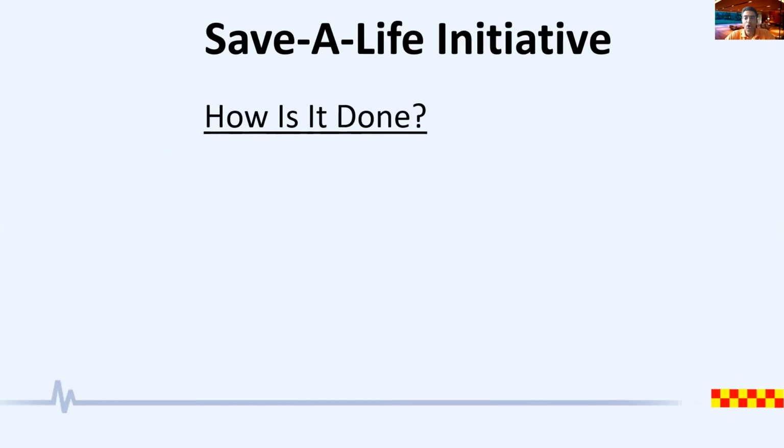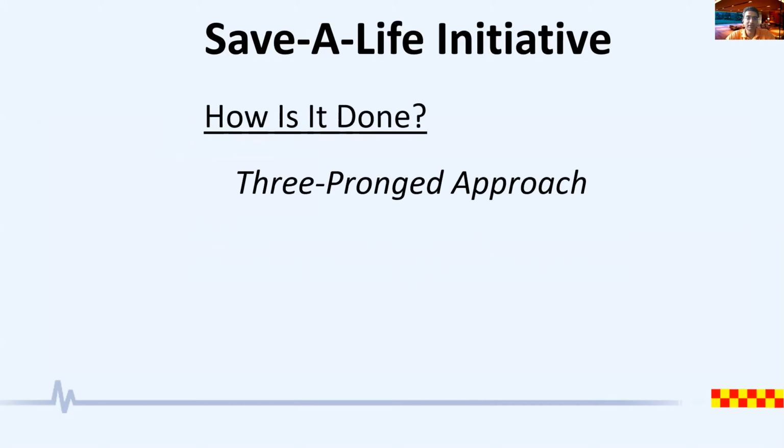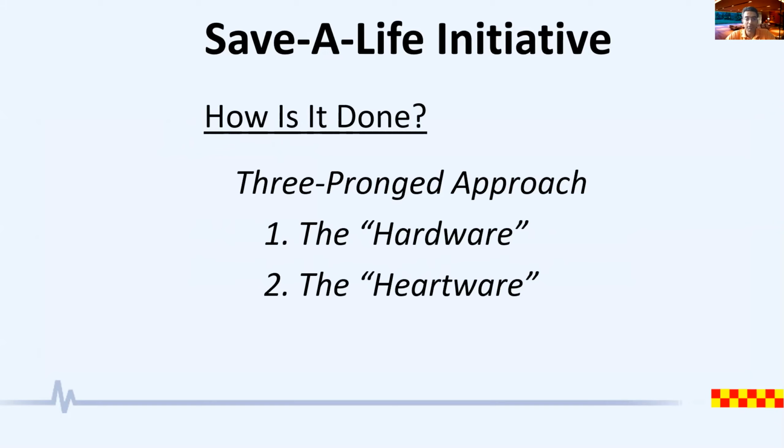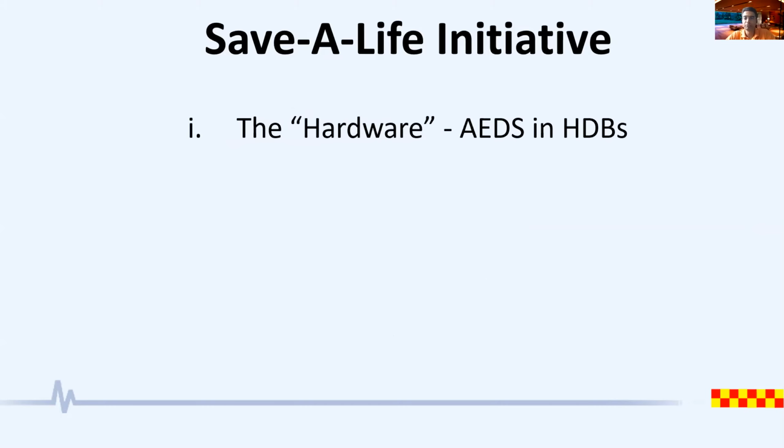There's a three-pronged approach. The first part is the hardware part, the second is the hardware part, and the third one is the software part. I will go through all three parts in a while. So let's start with the hardware part. The hardware here refers to the installation of the AED, which is an automated external defibrillator.